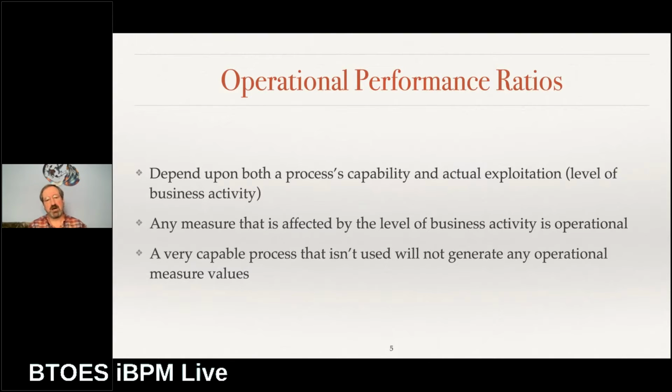Now, these differ from operational performance ratios, because an operational performance ratio depends on actual business activity. So any measure that changes because of changes in volume of business is an operational measure. If it doesn't change because business activity changes, it's probably structural. And again, a very capable process that isn't used won't generate any measurable values.